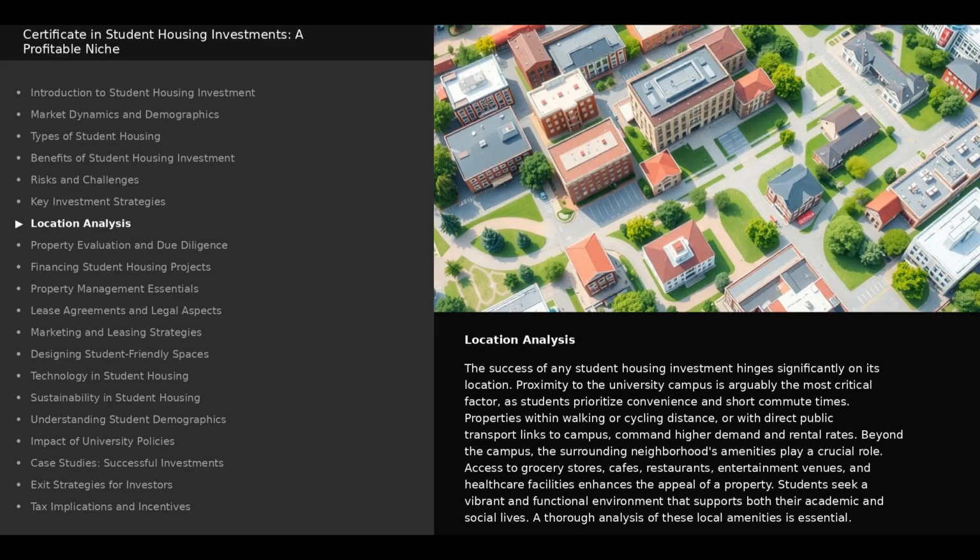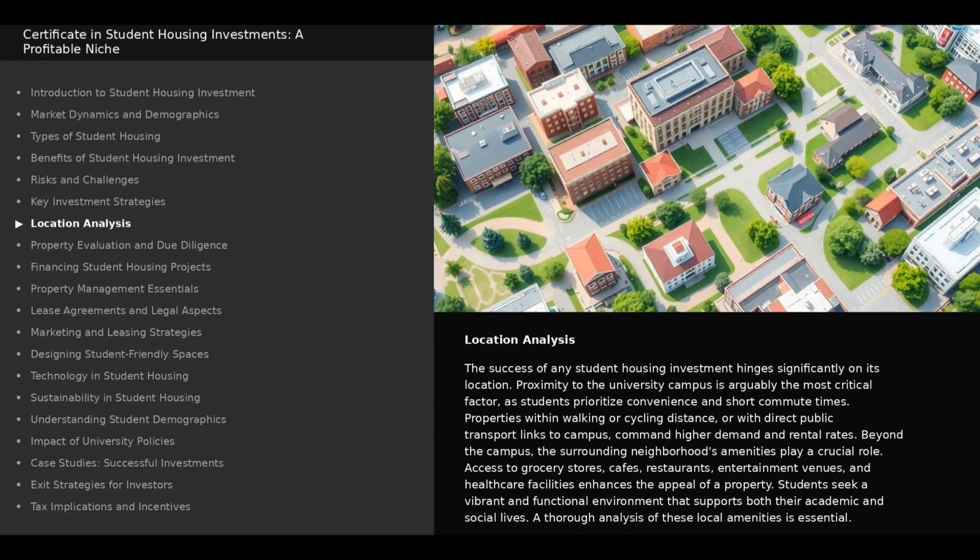Location analysis. The success of any student housing investment hinges significantly on its location. Proximity to the university campus is arguably the most critical factor, as students prioritize convenience and short commute times. Properties within walking or cycling distance, or with direct public transport links to campus, command higher demand and rental rates.